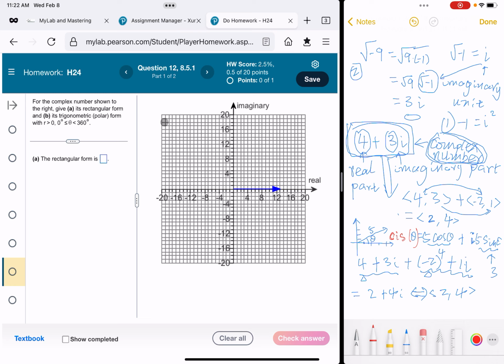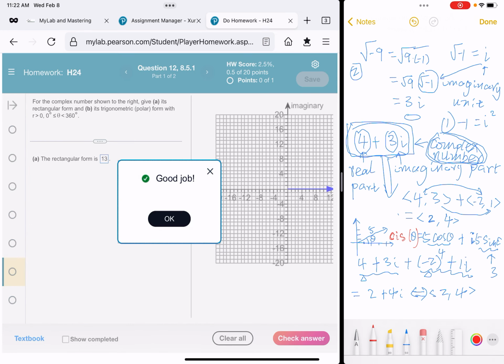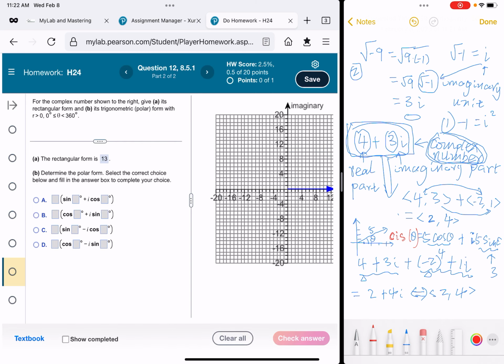So here you input 13, and you hit enter. Good job. Now for this one, you want to choose the first one, remember, is cosine. So you want to choose cosine here or cosine here, not sine.